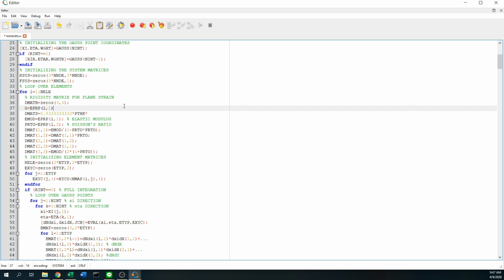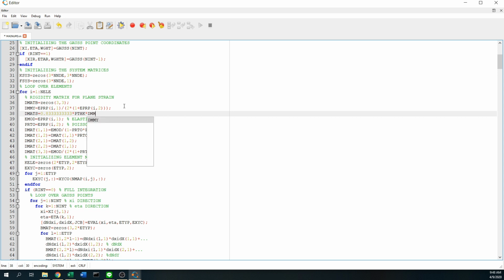This is the E divided by 2 times 1 plus nu, which is E PRP of I comma 2 Poisson ratio, and that's it. And this is the G. Or I can just make it the MMY such that it will be replaced later.